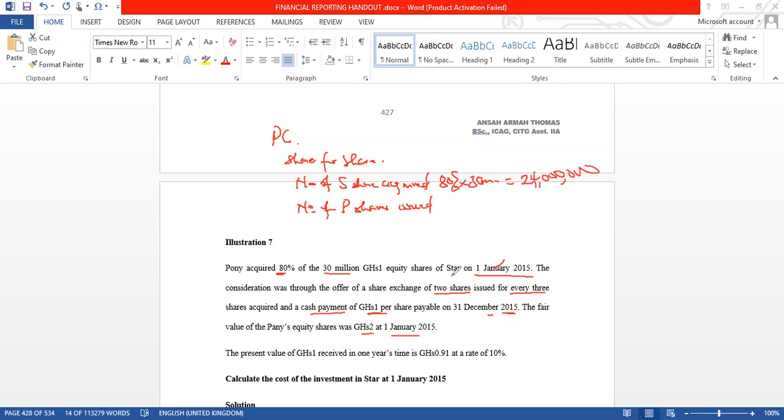There's the share for share exchange. They told us that out of this 24 million, for every 3 shares acquired, 2 shares are issued. So for this 24, for every 3 acquired, we issue 2. All right, so that is how you quote it. So how do you get it? 24 divided by 3 is 8, times 2 gives us 16 million.